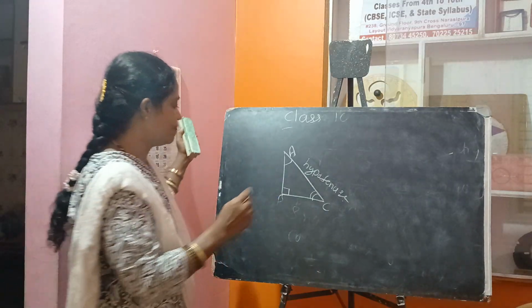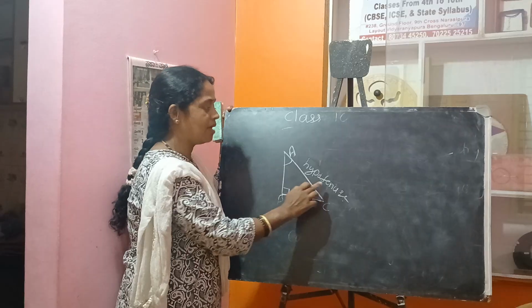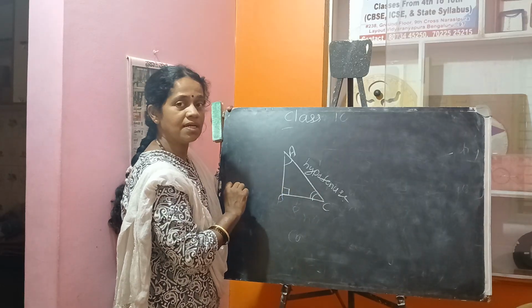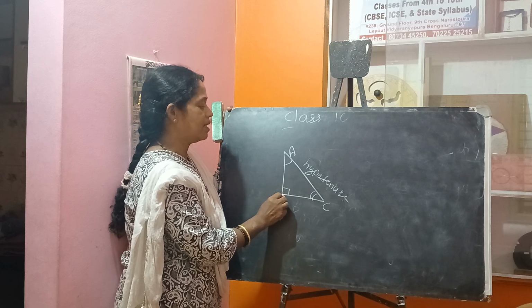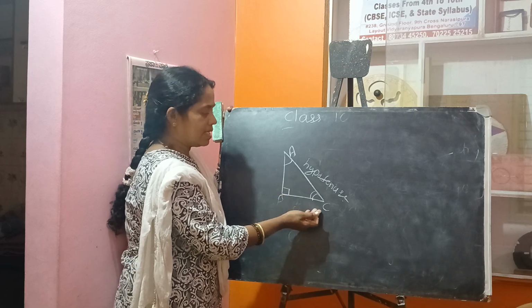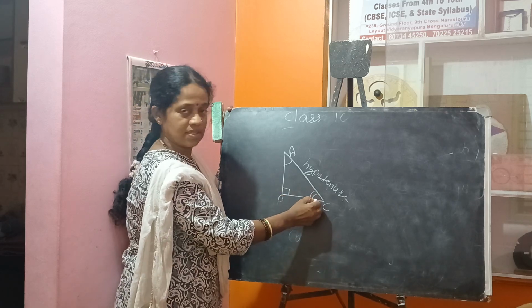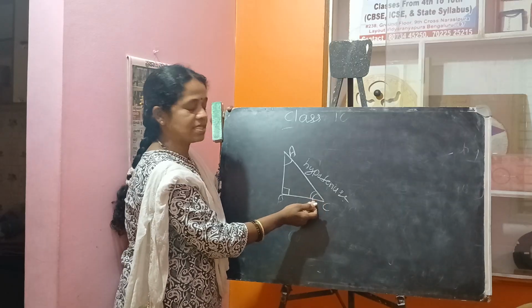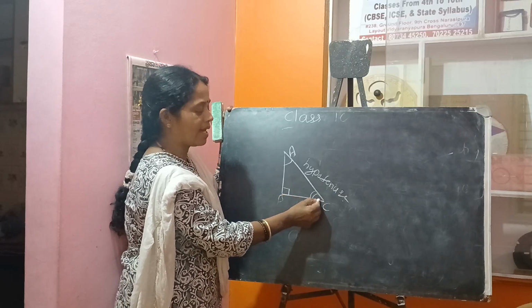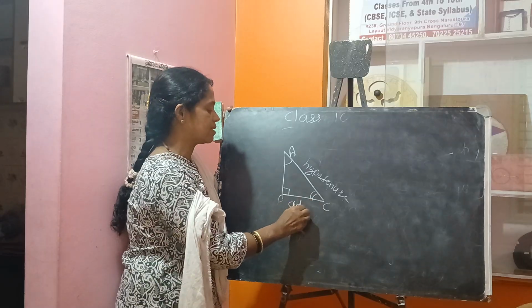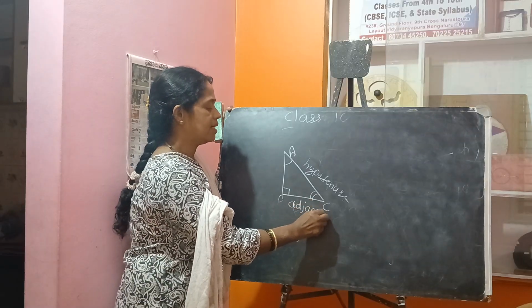So AC is the hypotenuse. Next, if I consider angle C, which is an acute angle, the side adjacent to angle C is called the adjacent side.